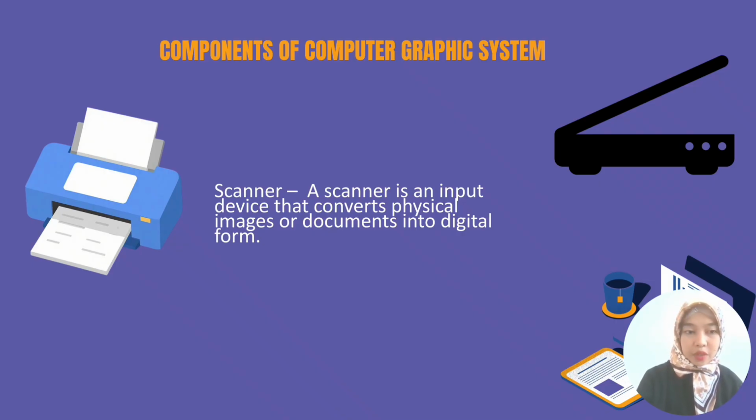It captures visual data by analyzing the light and dark areas or color of the physical item, then translates it into pixels for the computer to process. For example, artists might scan a hand-drawn sketch and refine it in digital design software, or a business could scan a printed brochure to adapt its graphics for online use.